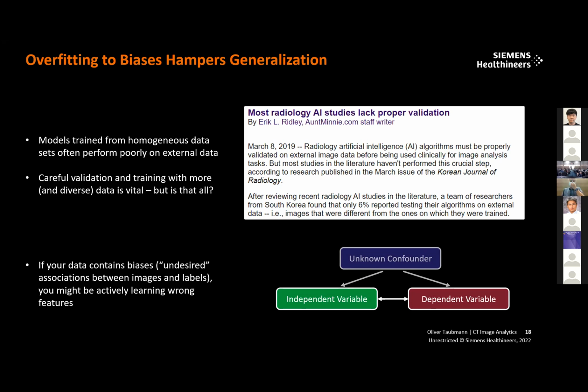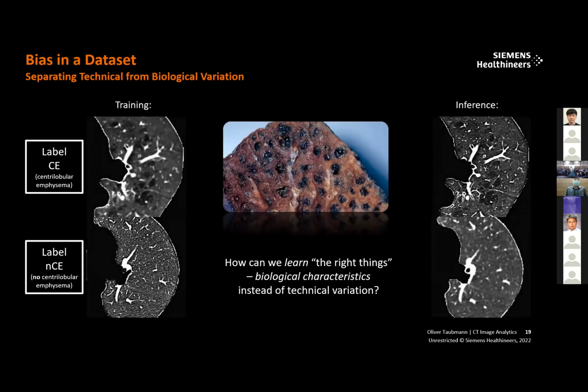And there has been a lot of research in trying to detect those biases and model their effects. We approach it a little bit from the other direction by looking at how these could typically influence our images and our models in CT.